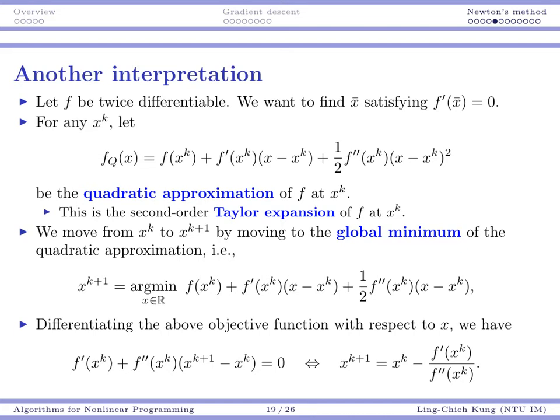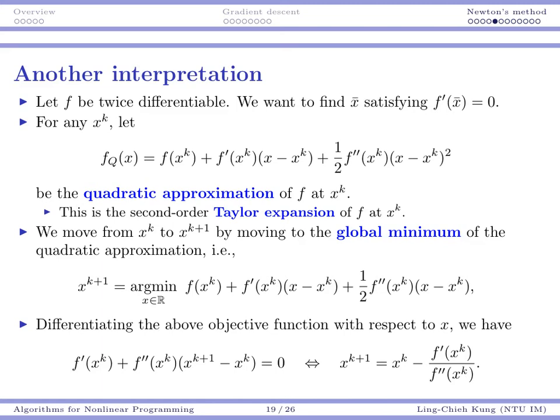Okay, and if I want to do that, I need to use the second order Taylor expansion, which is this one, right? So given xk, I'm going to write down a function of x, which now is a quadratic function, as my quadratic approximation of f at xk.